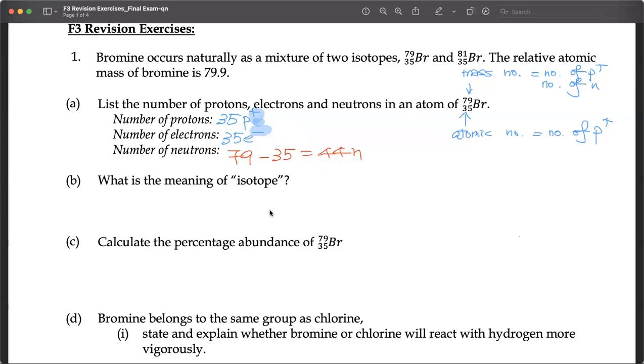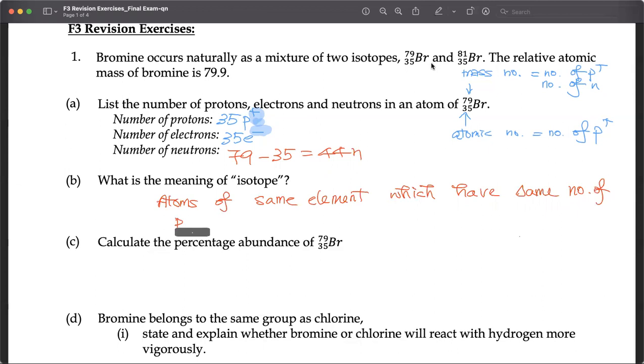And what is the meaning of isotope? It refers to atoms of the same element which have the same number of protons but a different number of neutrons.